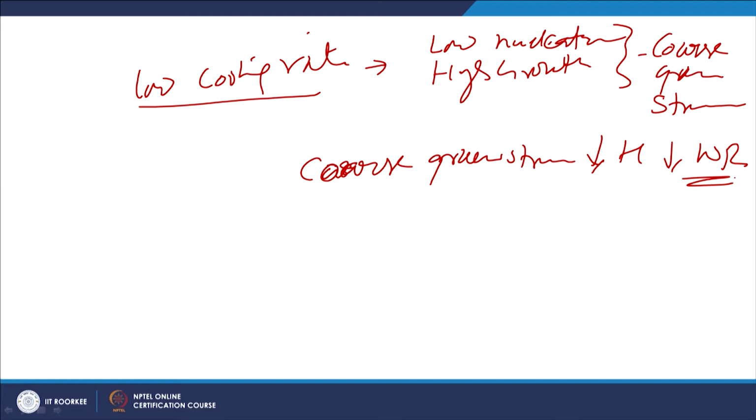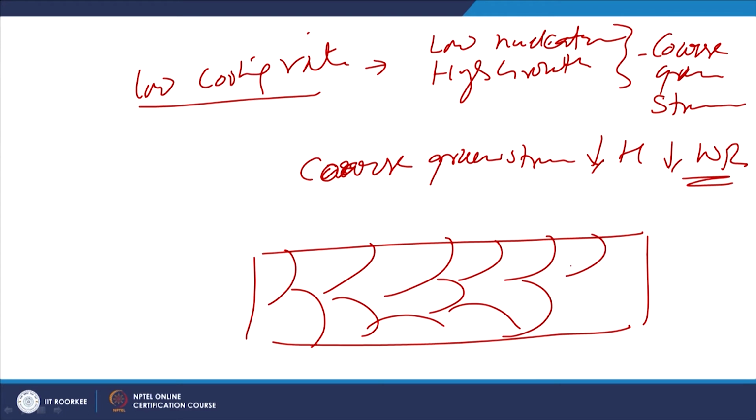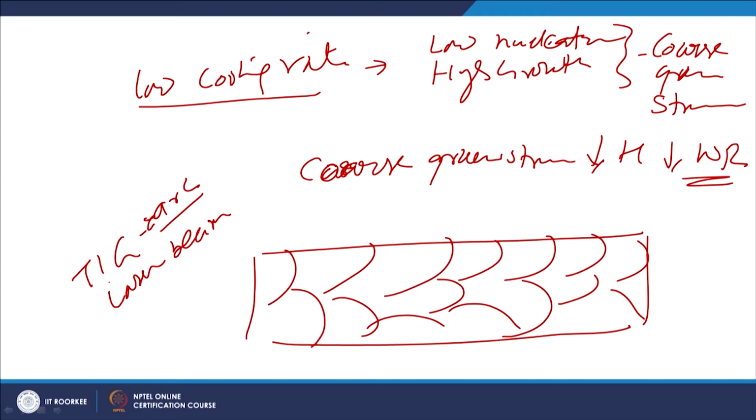So, the idea is, if the metal is composed of a coarse grain structure like this, then melting of the surface layers using a suitable heat source, like a TIG arc, a laser beam, or an electron beam, can help.